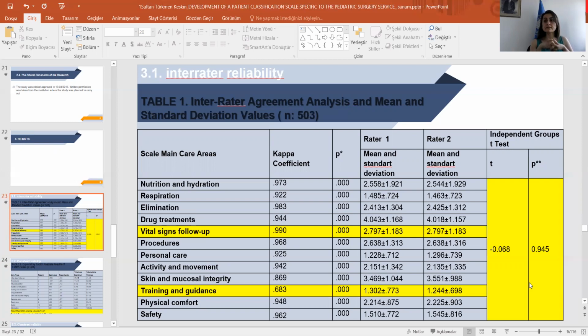According to independent t-test results, there was no statistically significant difference between the mean scores of both raters, in all care areas, and in total scale scores. In other words, scale total scores were not statistically different from each other according to raters.